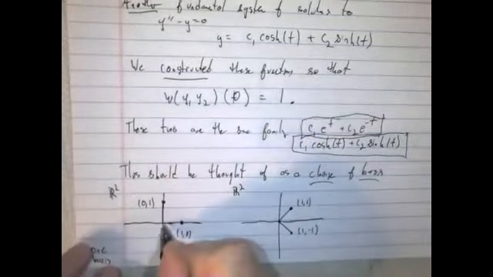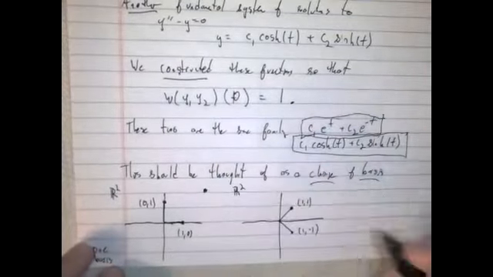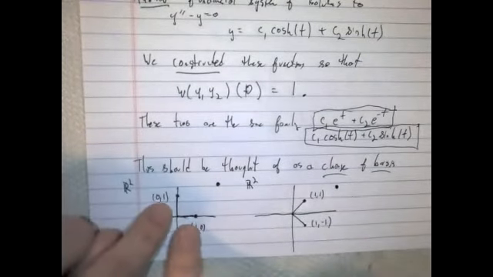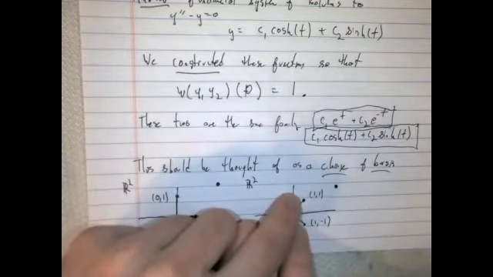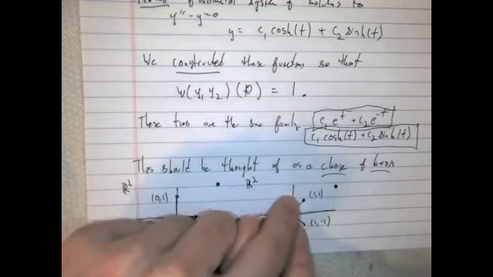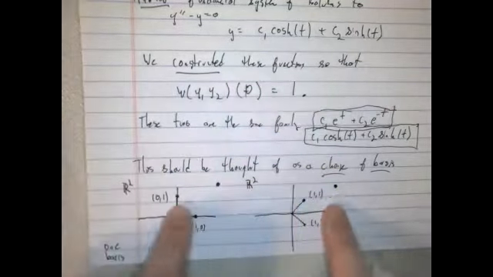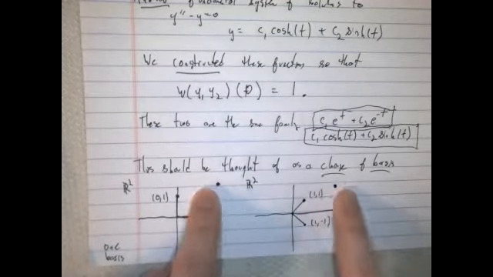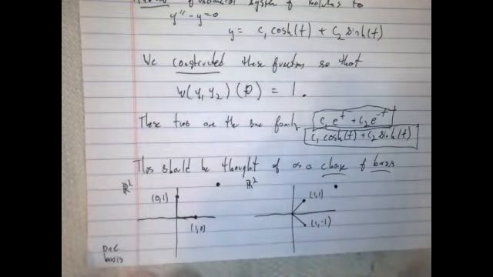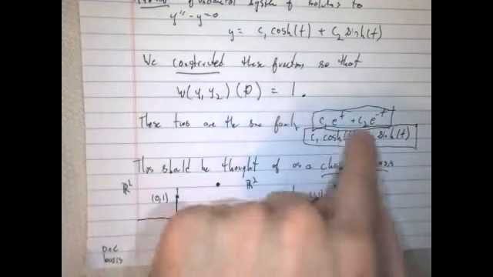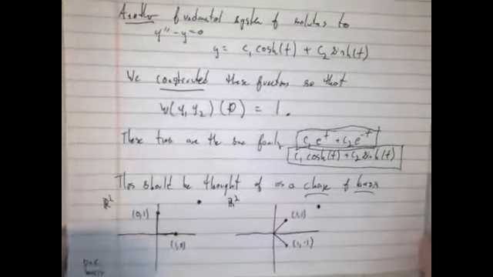So the point is, given any point out here, there's always a unique way to express it in terms of some constants multiplying these vectors. But since these are linearly independent, there's also a way of expressing this vector as some linear combination for some different coefficients in terms of these vectors. But this vector is still the same. There's still a unique vector. It's just being expressed or written in terms of two different bases, so to speak.